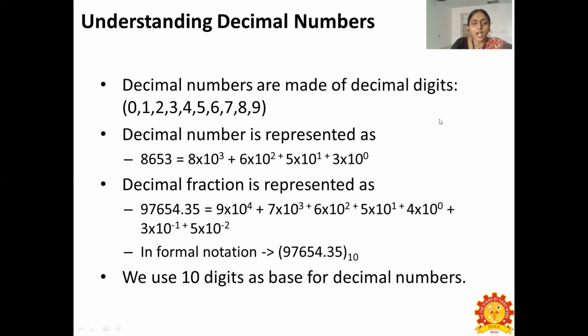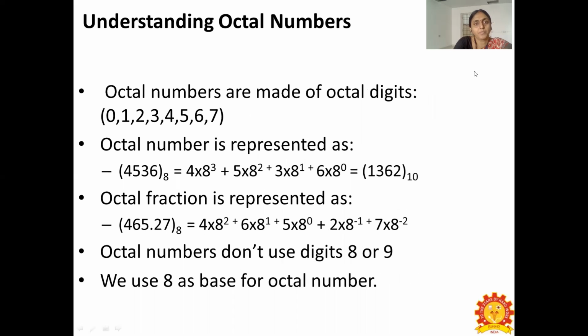And after the decimal point, the digits are represented with negative power, which can be represented as 3 into 10 power minus 1 plus 5 into 10 power minus 2. In informal decimal notation we can represent it as 97,654.35 to the base 10. Sorry, we use 10 as the base for decimal numbers.